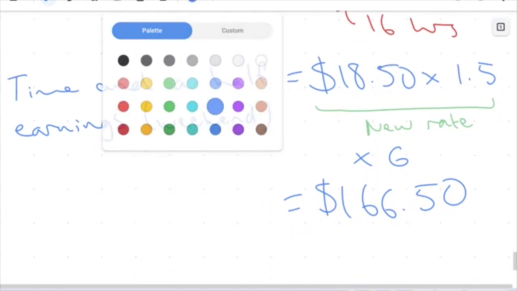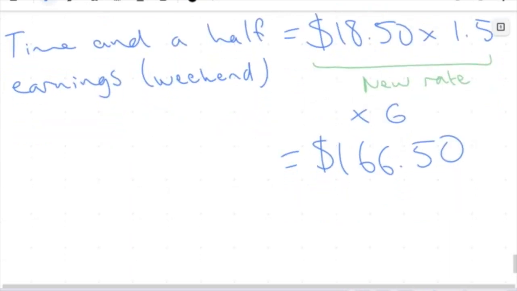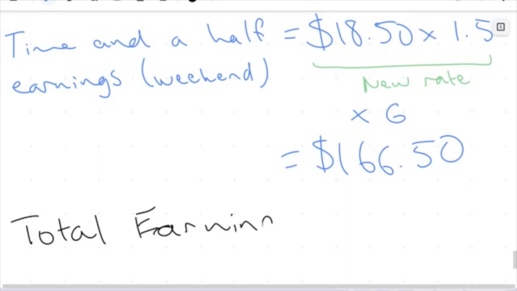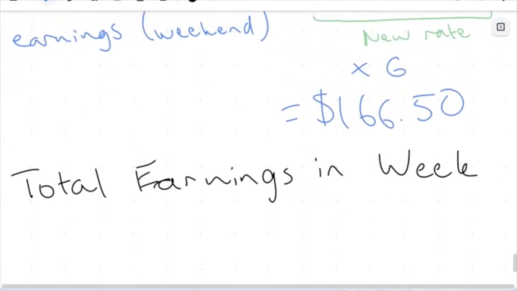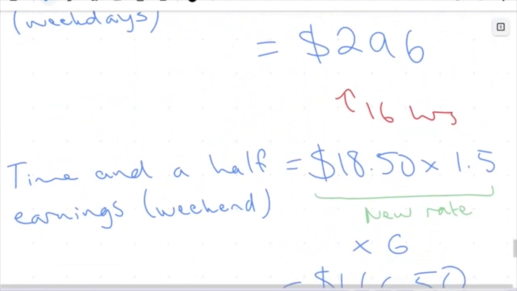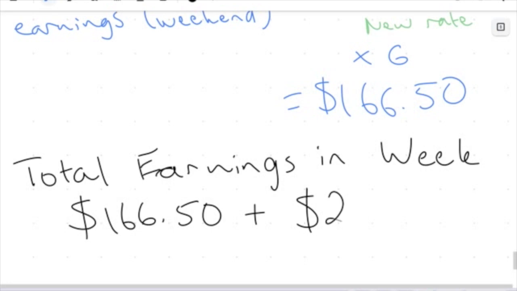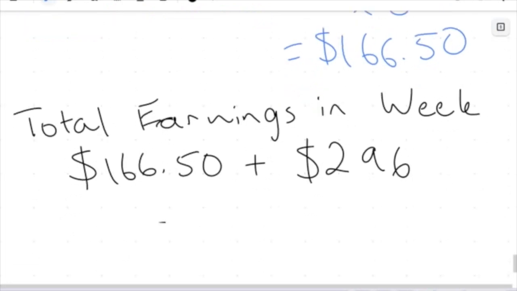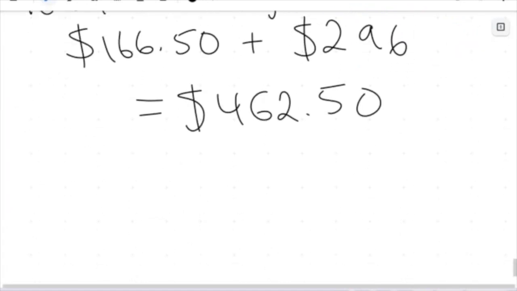So our total earnings in the week is our $166.50 plus our $296.00. And once we add those two together, we wind up with $462.50. That is how you can calculate one of your week's earnings.